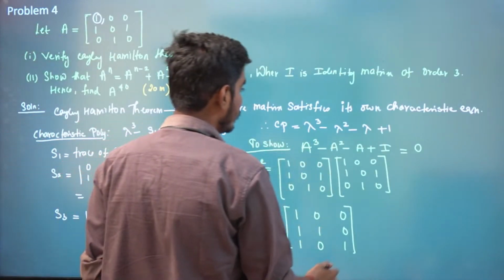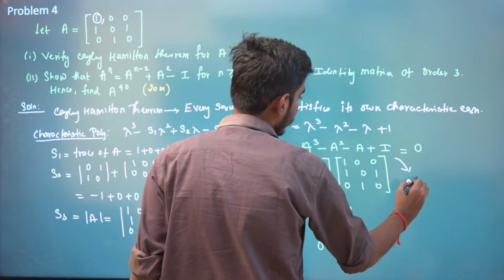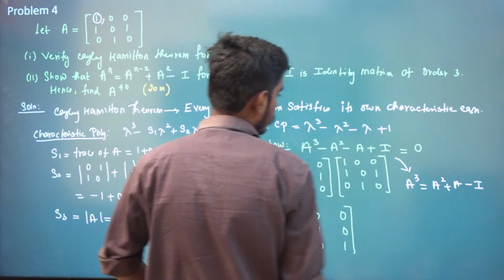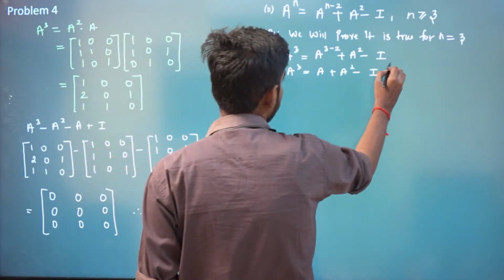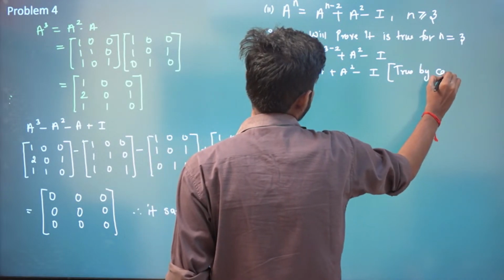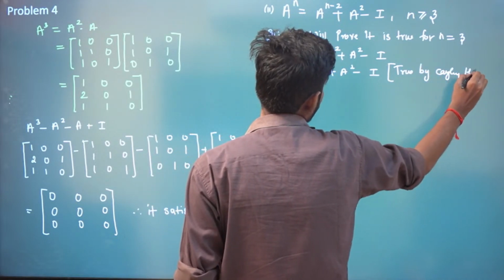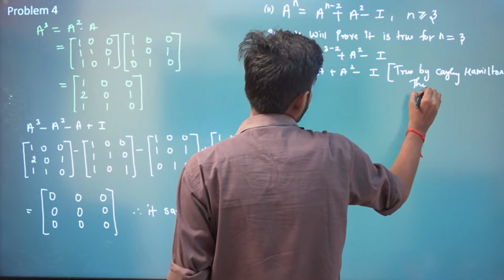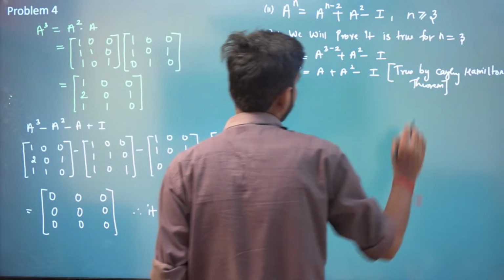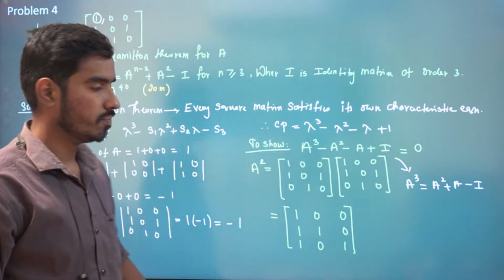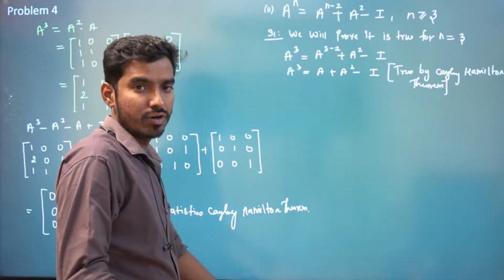Because by the Cayley-Hamilton theorem, A cube is A square plus A minus I. That is what we proved in the first case, right? So these two are equal by the Cayley-Hamilton theorem. So it is true for n equal to 3.